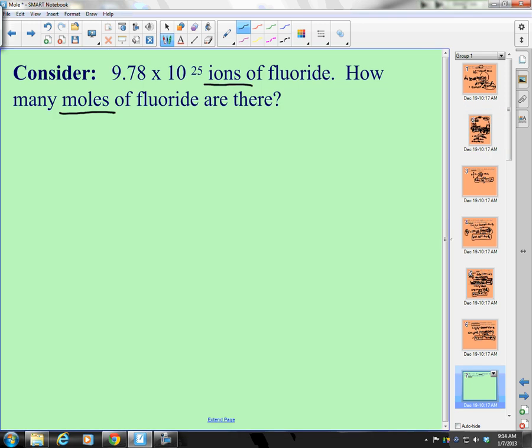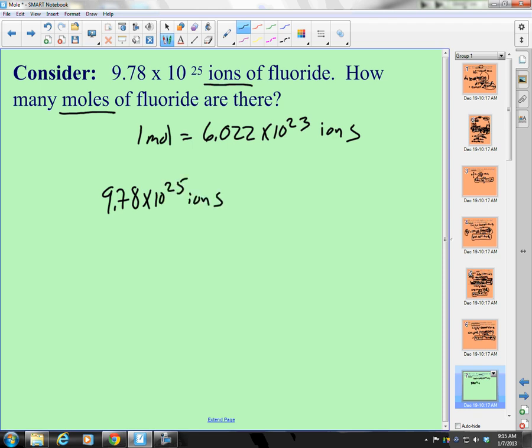I don't use that process. I use dimensional analysis, right? Because I know that 1 mole is equal to what? 6.022 times 10 to the 23rd ions, right? And I start with 9.78 times 10 to the 25th ions. I'm going to multiply that by a fraction. I'm going to put on top what I want. What do I want? I want moles. So I'm going to put 1 mole of what?